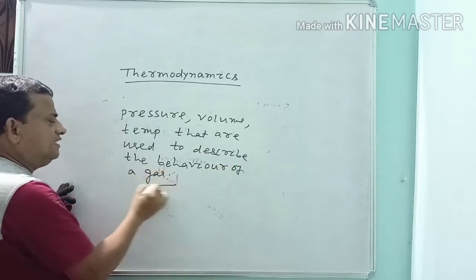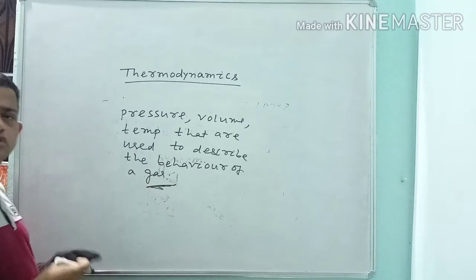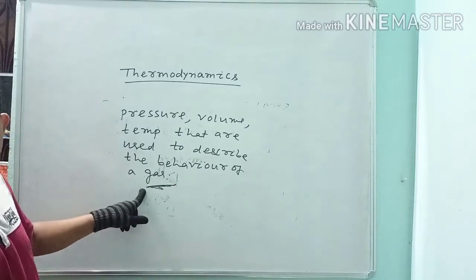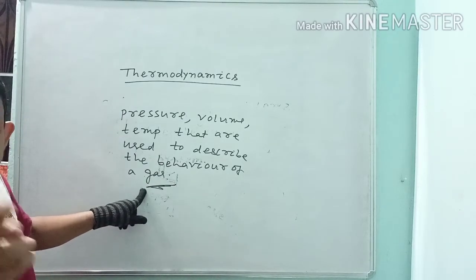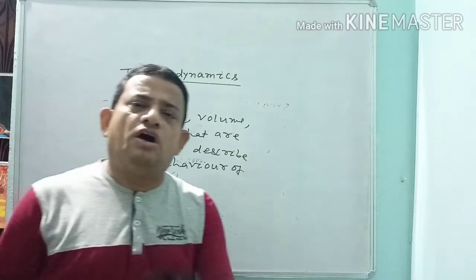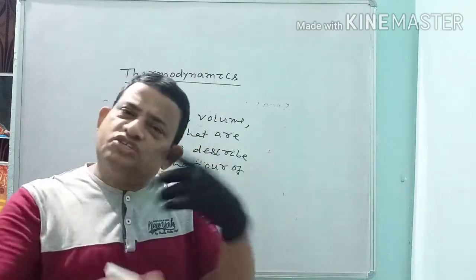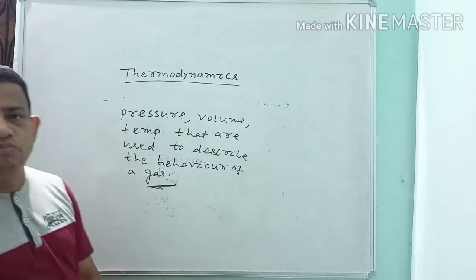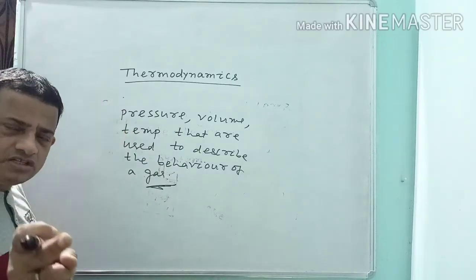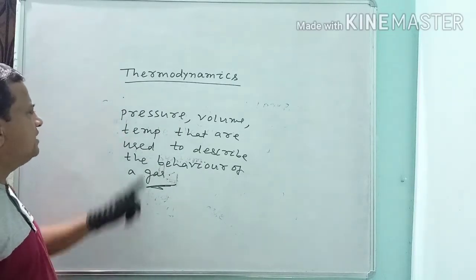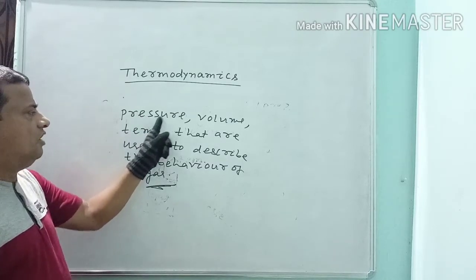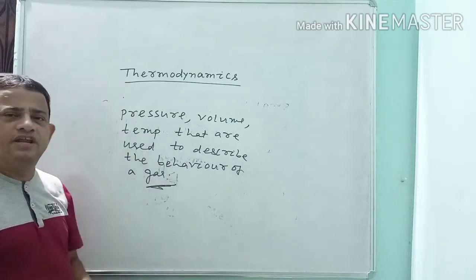I mean, gas is a system. So to describe the nature of that gas or behavior of the system, you need some quantities, and these quantities are your thermodynamic parameters, or you say thermodynamic variables like pressure, volume, temperature, etc.